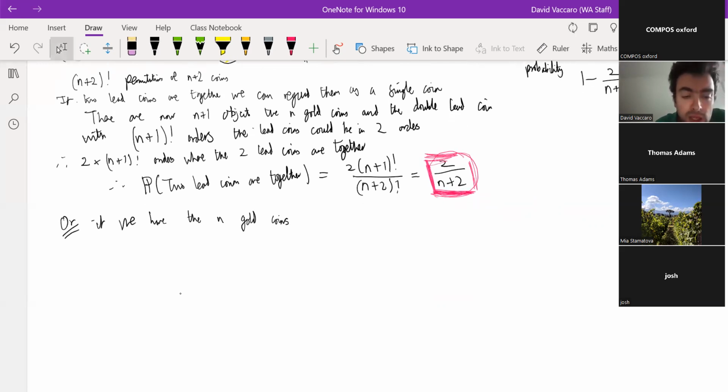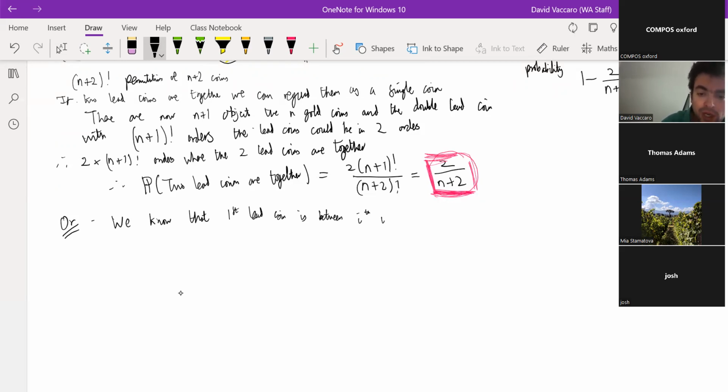And let's imagine that we know that the first lead coin is between the ith and the (i+1)th gold coin.